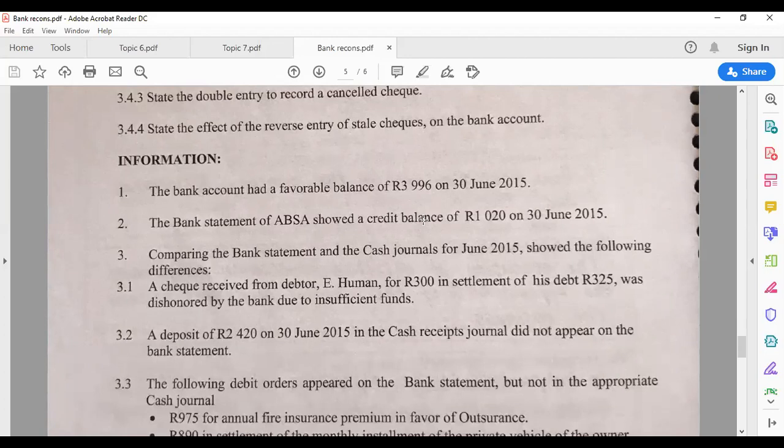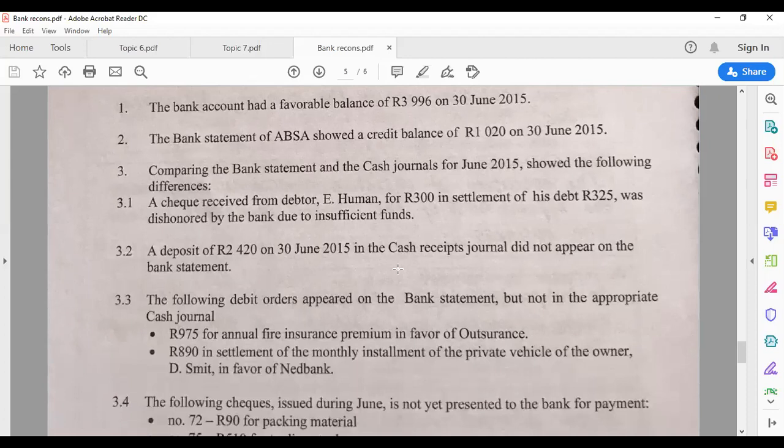Comparing the bank statement and the cash journals for June, showing the following differences. So here are the differences that I picked up. A check received from debtor Ihiman for 300 Rand in settlement of his debt, 325, was dishonored by the bank due to insufficient funds.